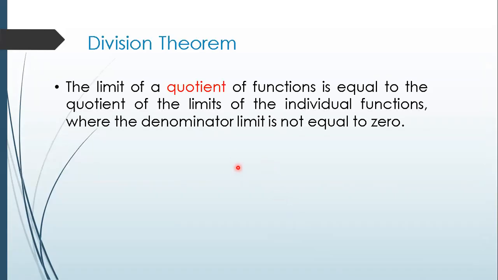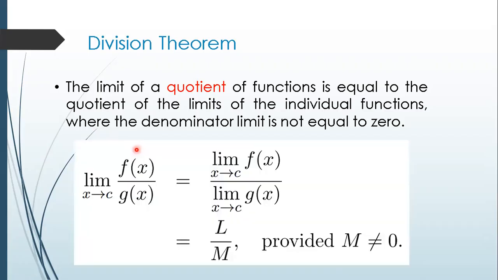How about the division theorem? The limit of a quotient of functions is equal to the quotient of the limits of the individual functions, where the denominator limit is not equal to 0. And it is illustrated like this.